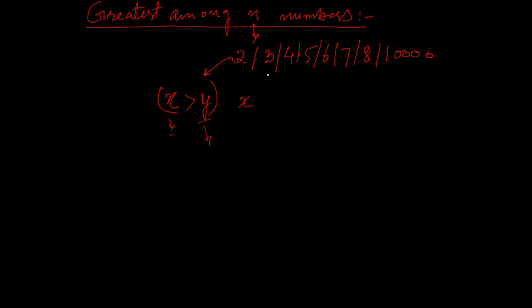Similarly, when I was supposed to find greatest among three numbers, I was declaring three variables, assigning values to them and finding out whether x was greater, y was greater, or z was greater. But what if we have to find greatest among many numbers?